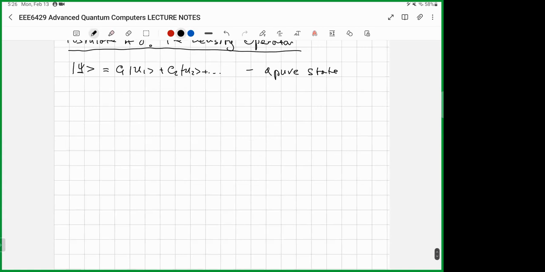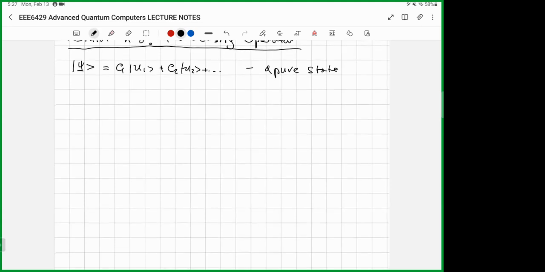However, the description by just one psi vector is impossible in a number of cases. There is a large class of systems that you cannot describe by just one psi vector.